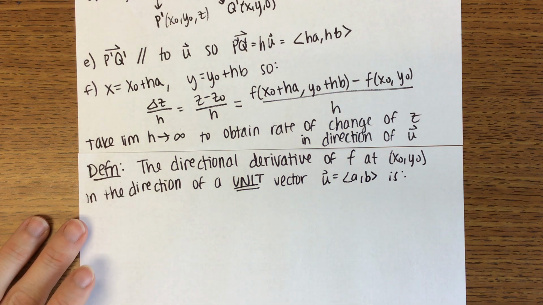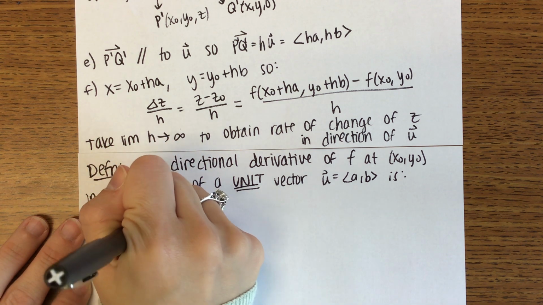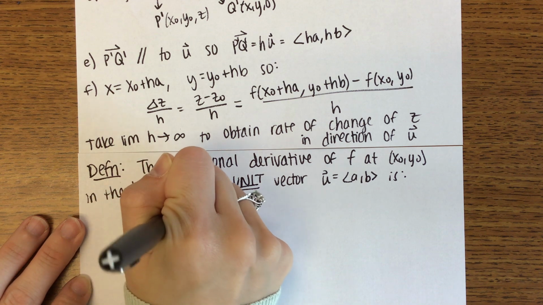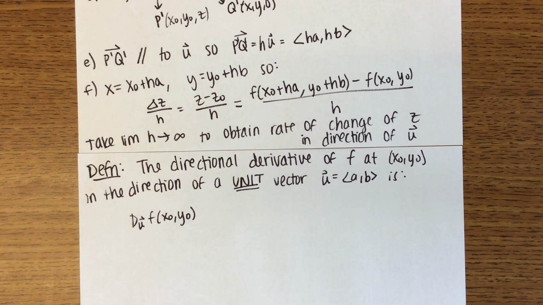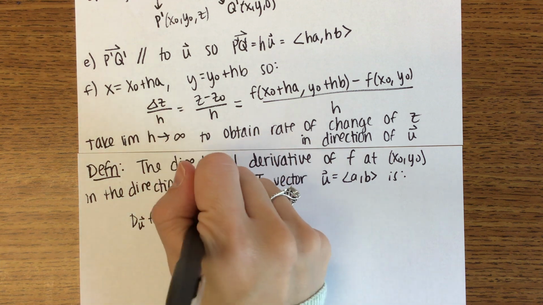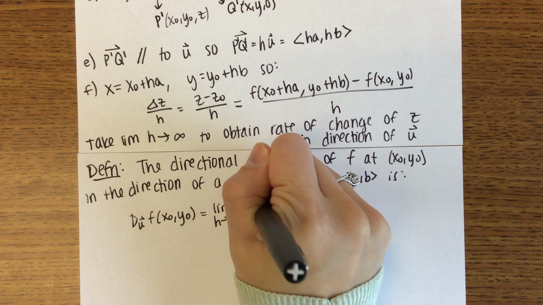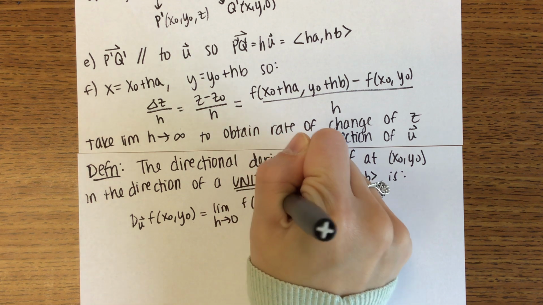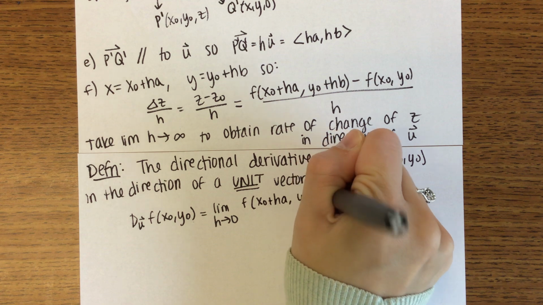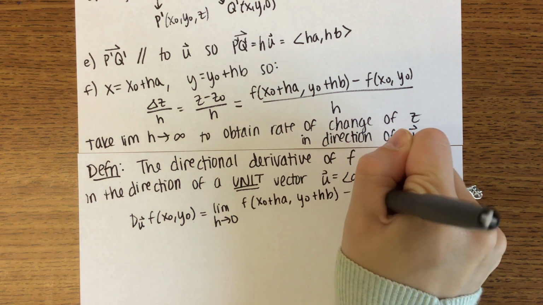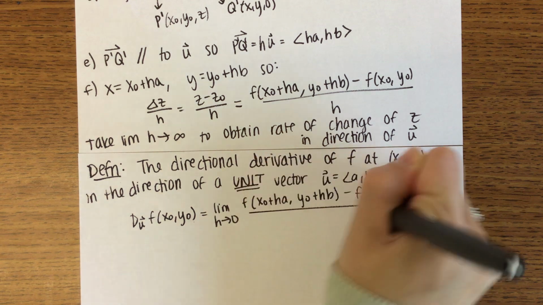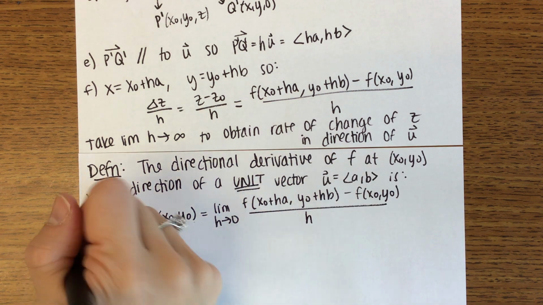Here's the notation. So this is the directional derivative of f at some point in the direction of u. And this is going to be the limit as h approaches 0 of that quantity that we wrote before, if this limit exists.